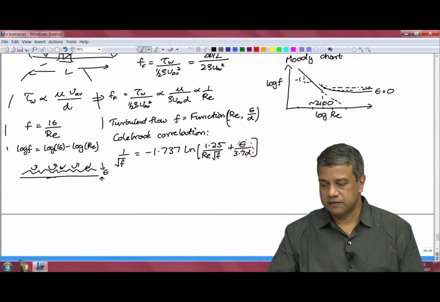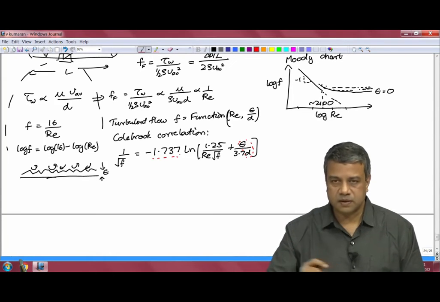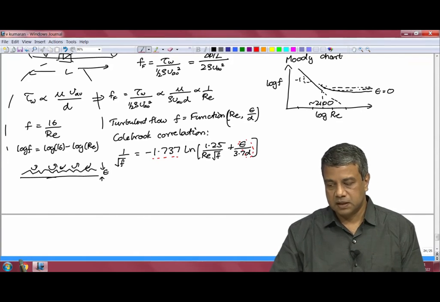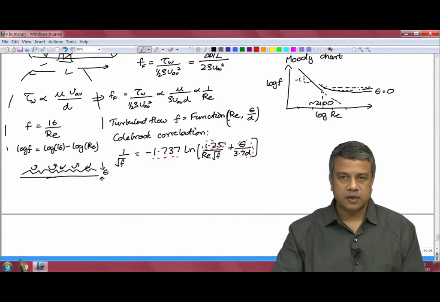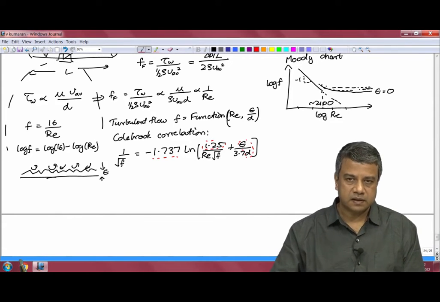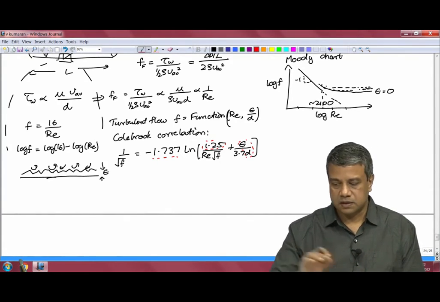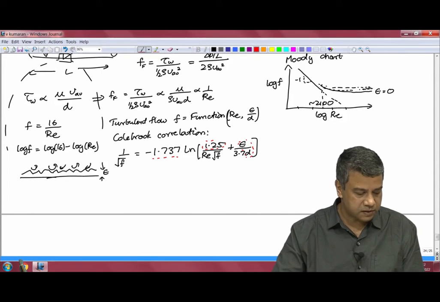So, because I have defined it in terms of the natural logarithm, this coefficient is different from the coefficient 4 that is usually seen when it is expressed in terms of the log to the base 10. And the other thing is that this coefficient is different because I have used the Fanning friction factor here. In cases where the Darcy friction factor is used, this coefficient will be different. So, this is an implicit relationship for the friction factor as a function of the Reynolds number.